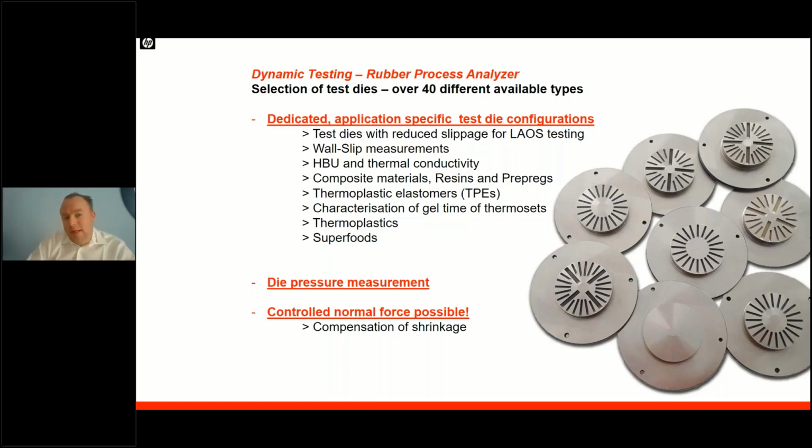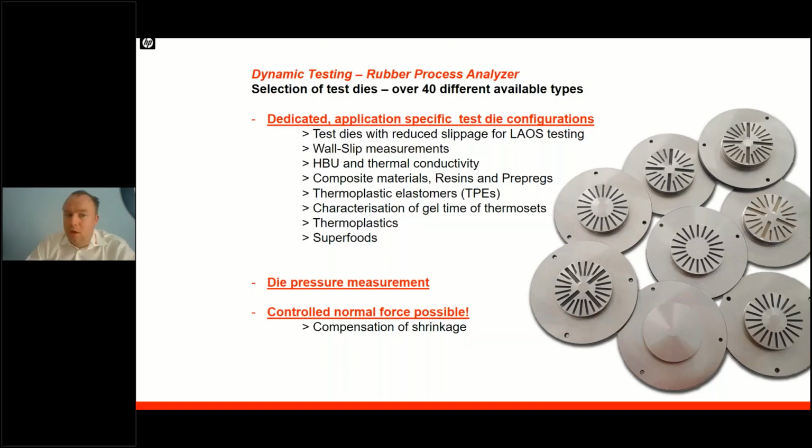Other processing techniques and measurement results include high shear heat buildup and thermal conductivity measurements, which can be realized by simply switching off the heating control system of the instrument and measuring thermal conductivity from the high shear lower die to the upper die.